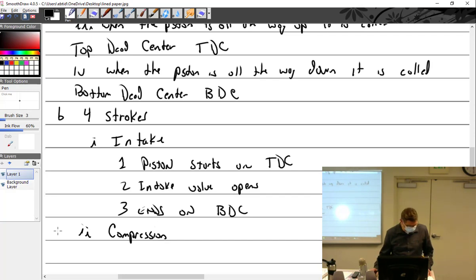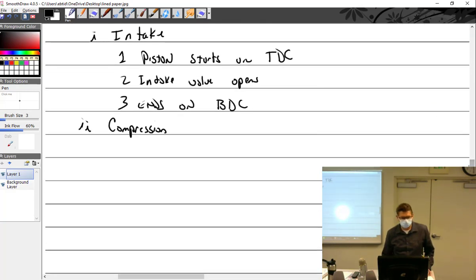What's the next stroke? Okay, it's interactive here, so help me out. The piston starts on BDC, bottom dead center, because now we're at the bottom. Both valves closed.